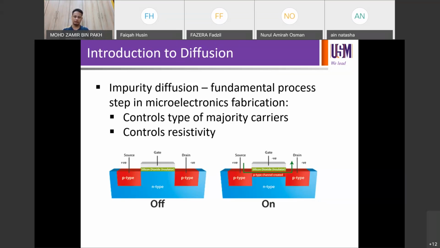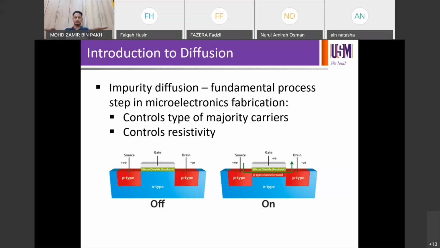If you know the majority carrier, you can come out with the minority carrier as well: 10 to the 20 divided by one carrier to get the other carrier. So you can control the majority type of the carriers in your semiconductor material or device. Controlling majority carriers also means that we are controlling the resistivity of that particular area.